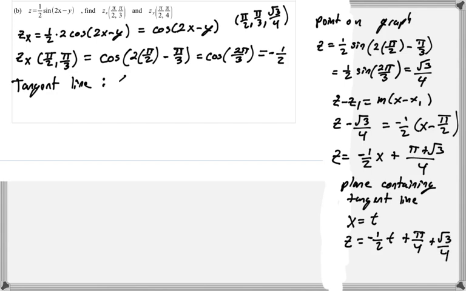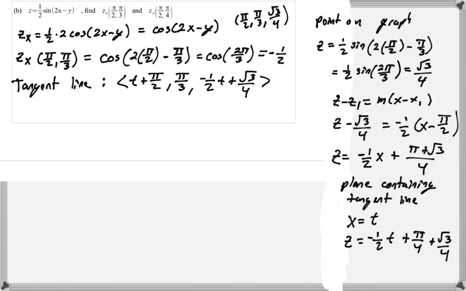Now, when I actually do it in my tangent line, I'm going to do t plus, and then where we want it to be is at pi over 2. Okay, we're not going to do anything with y. This is going to be parallel with the x-axis. And so the y will be just pi over 3, and then we have the slope, negative 1/2 times t, and then where we want it to be at root 3 over 4.